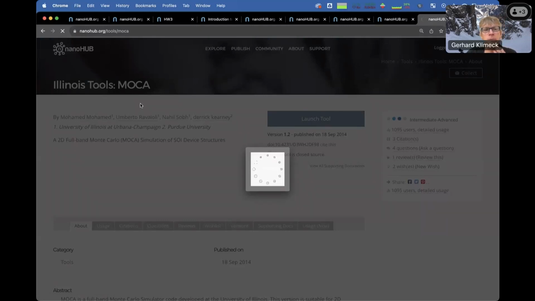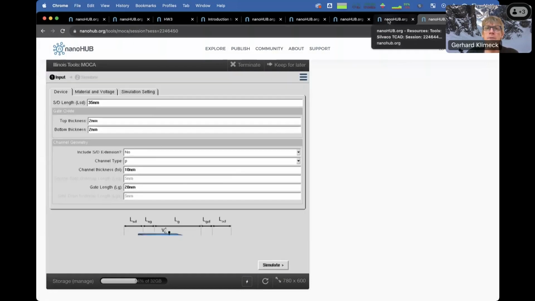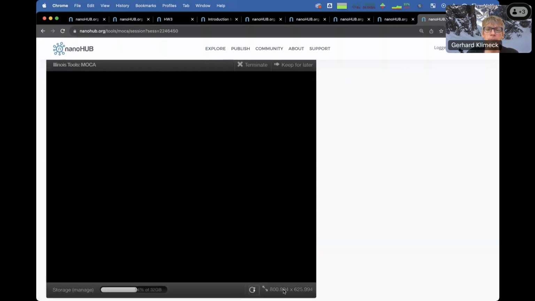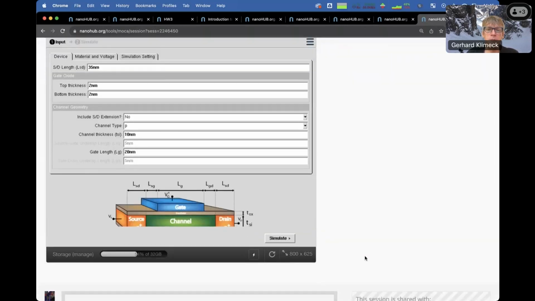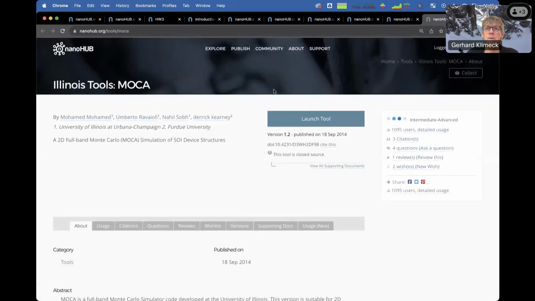It comes from Illinois. You can do Monte Carlo simulations in this tool, which is built by one of the world's experts on Monte Carlo simulation, Umberto Ravaioli.